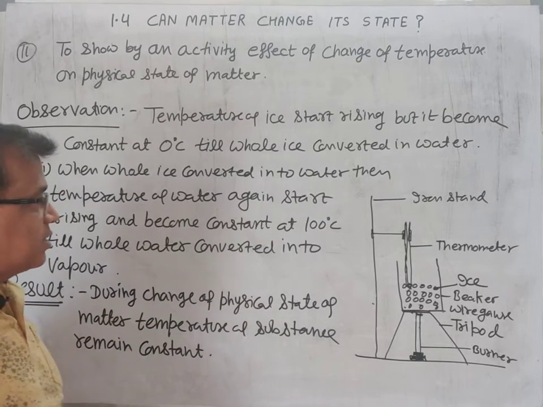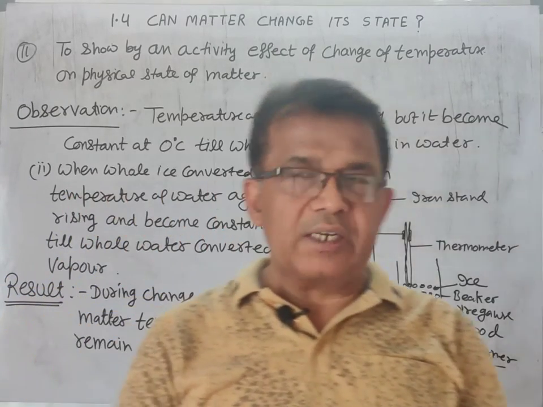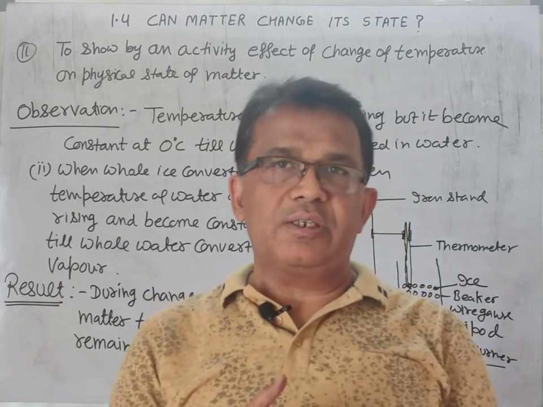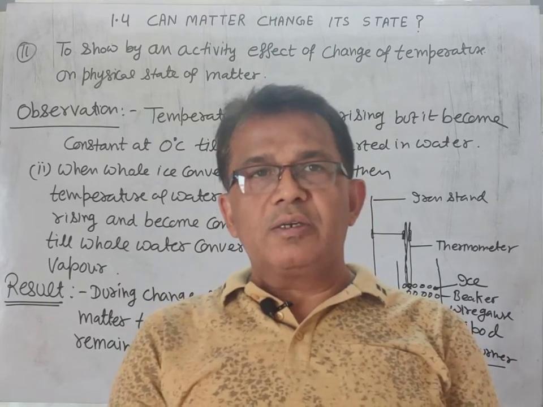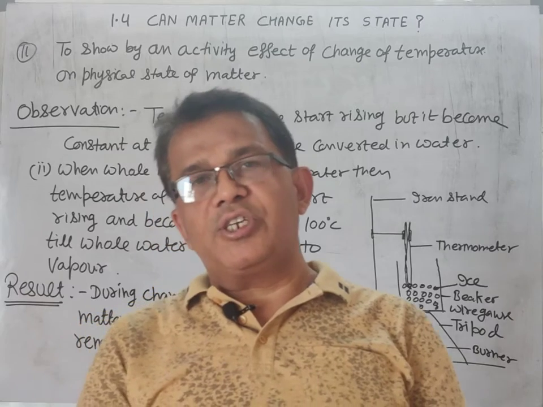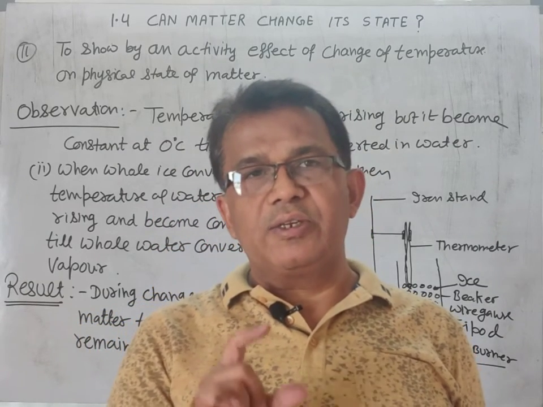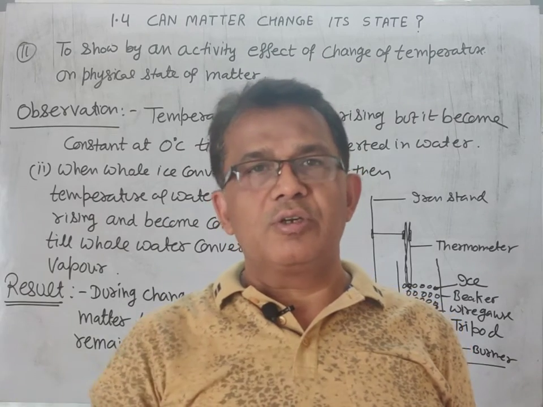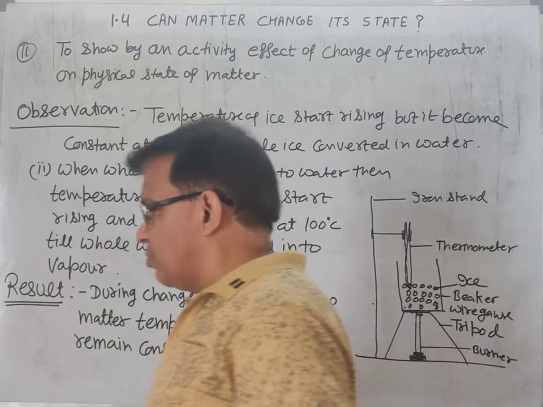Now the question arises: where does this temperature go? I have told you that when we give heat to any substance, its temperature increases, but when the physical state is changing, then the temperature does not increase. So the question arises where the heat supplied goes. So we shall study it.